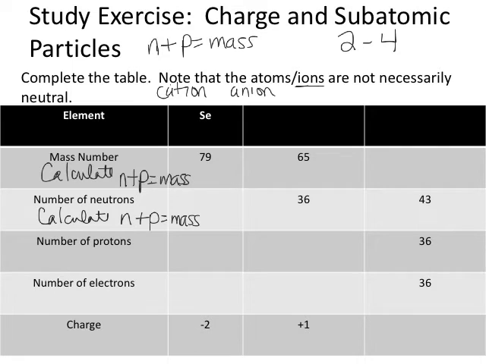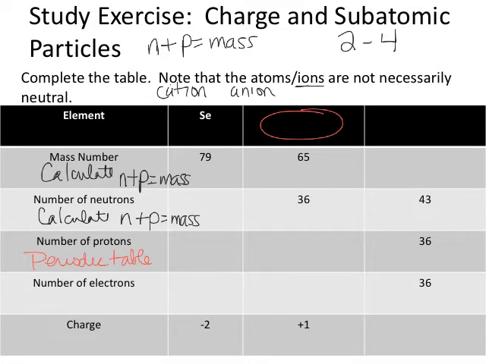Number of protons, you're going to look at the periodic table, because this doesn't change. If it's selenium, it's always going to have a certain number of protons. At some points, you might have to do a calculation using N plus P if you're missing the element.